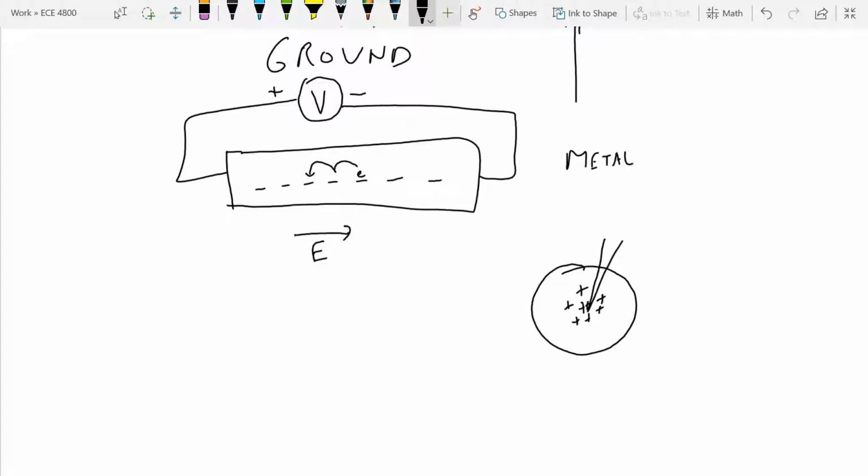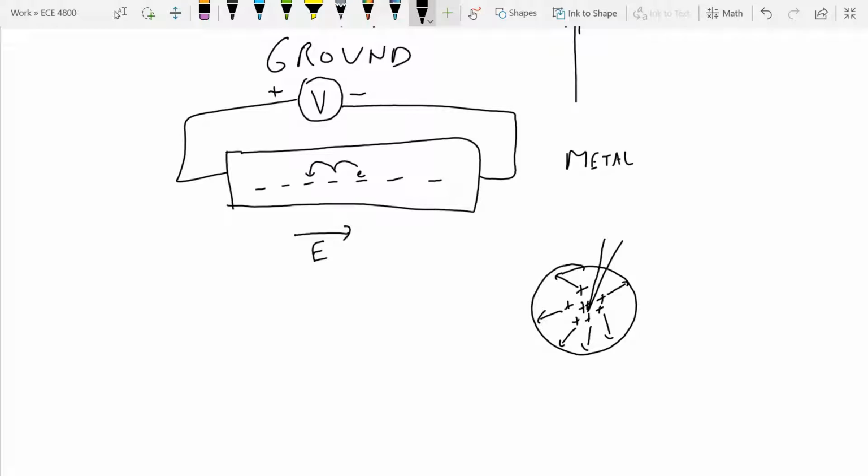This is not very easy to do. Those charges can move, so once we injected them, they would go as far away from each other as possible because like charges repel. The fact that a metal is conductive, that these charges can move through the material, means that the charges will move away from each other.